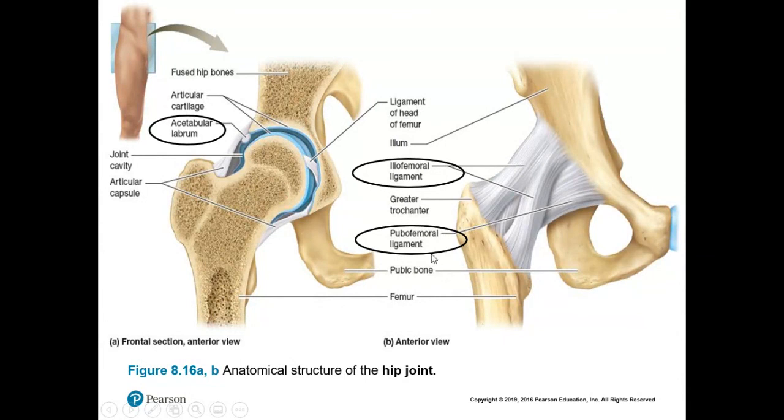And then we have the pubofemoral ligament, pubal from the pubis symphysis, if you will. So this process of the iliac bone is called the pubis, joining to the pubis symphysis right there. Okay, so pubis to femur is made up by the pubofemoral ligament.